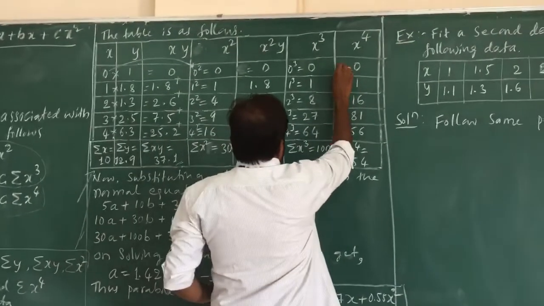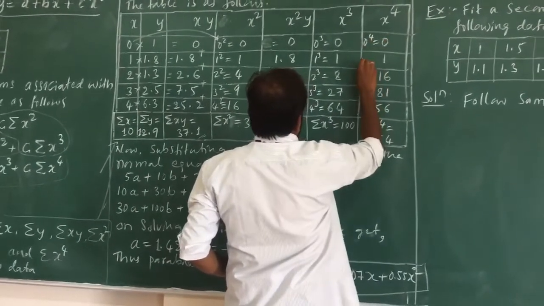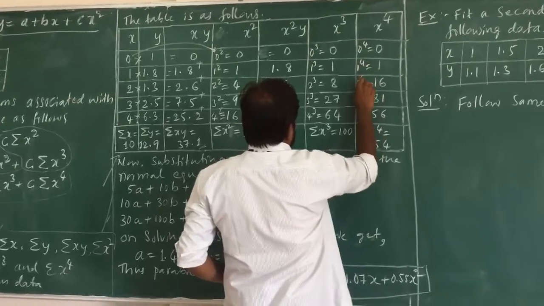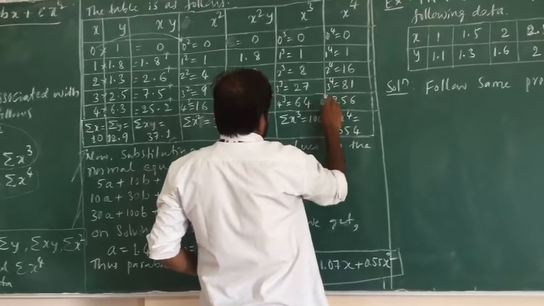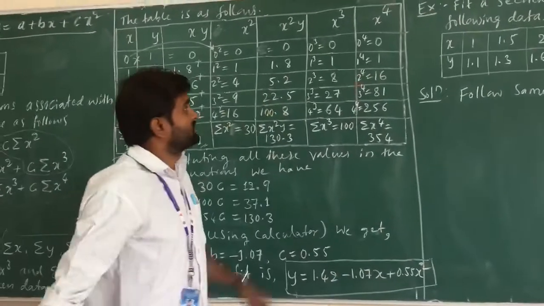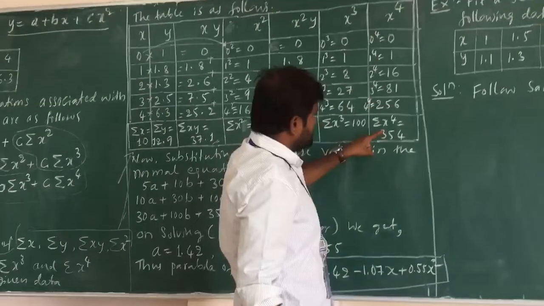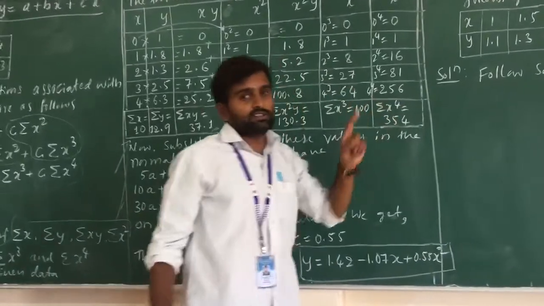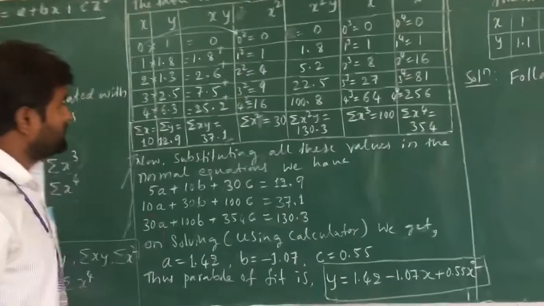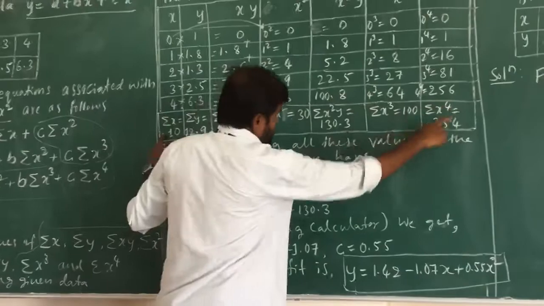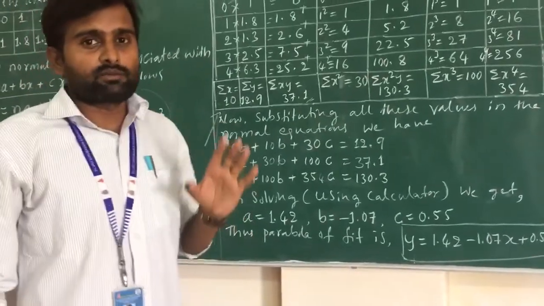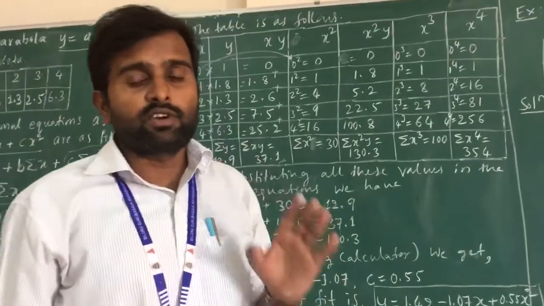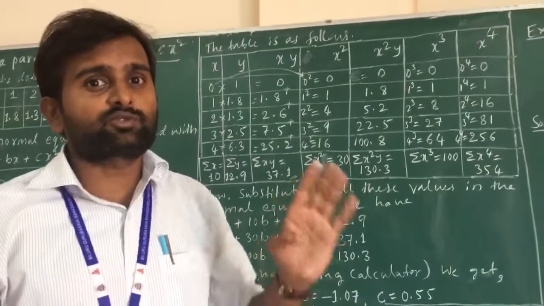Similarly, x to the power 4: 0 to the power 4, 1 to the power 4, 2 raised to 4, 3 raised to 4, then 4 raised to 4 is 256. After adding these values, sum of x raised to 4 is 354. Right? Once you get all these values: sum of x, sum of y, sum of x into y, sum of x square, sum of x cube, sum of x raised to 4, sum of x square into y.